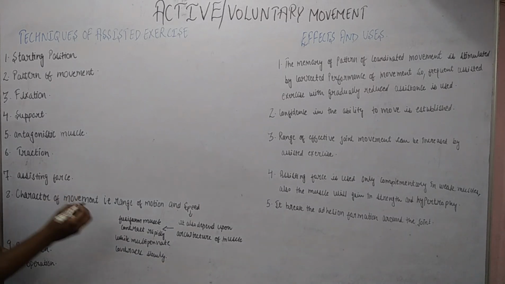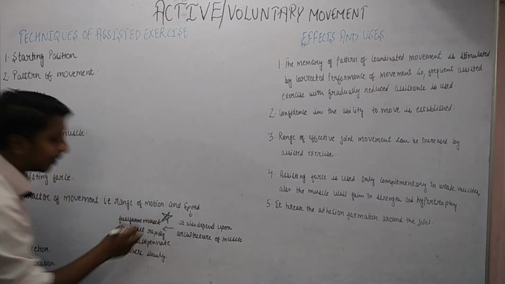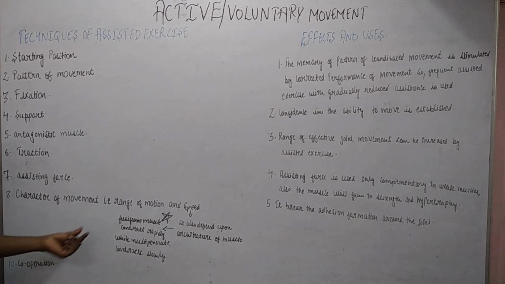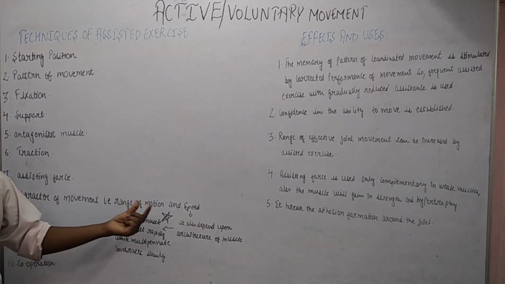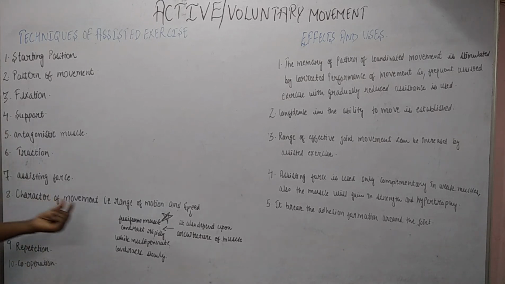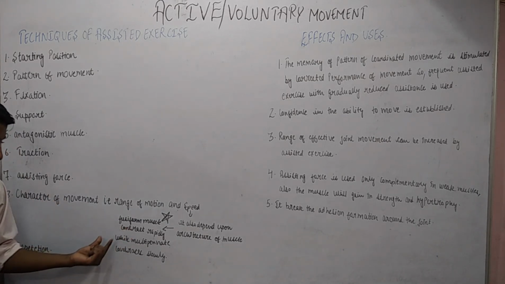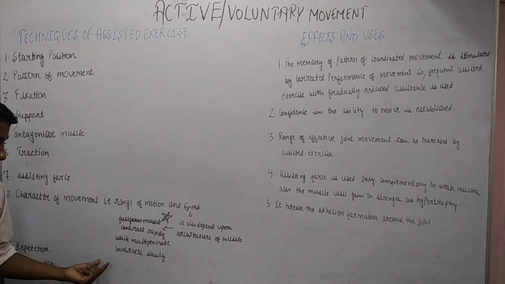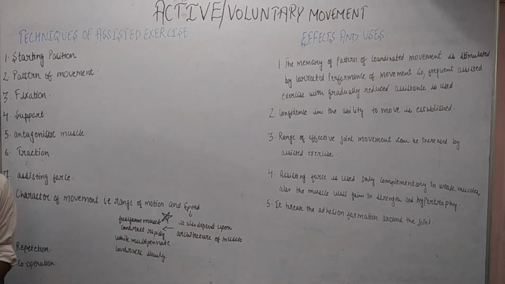Also you need to remember one more point, that the speed of contraction of a muscle also depends upon its architecture. Fusiform muscles contract rapidly while multipennate muscles contract slowly.